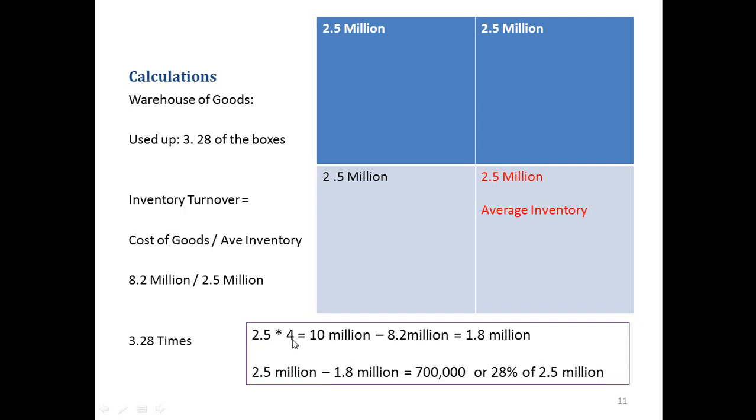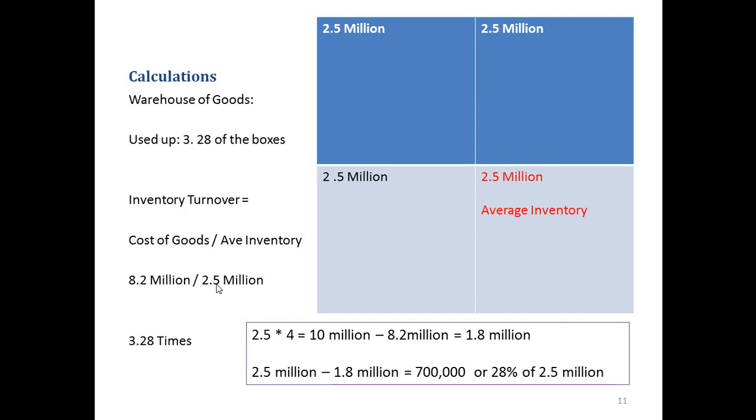I'm sorry, 2.5 times 4 equals 10 million. This whole thing, we've used up 8.2 of all this stuff. That leaves 1.8 million. 2.5, one of these sections, minus 1.8 is 700,000, or 28% of 2.5.